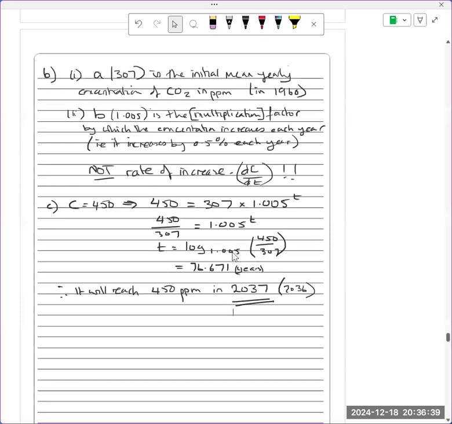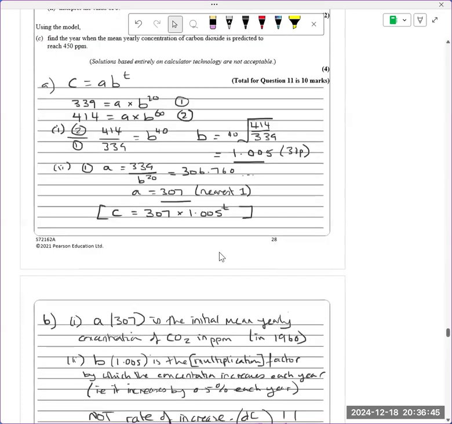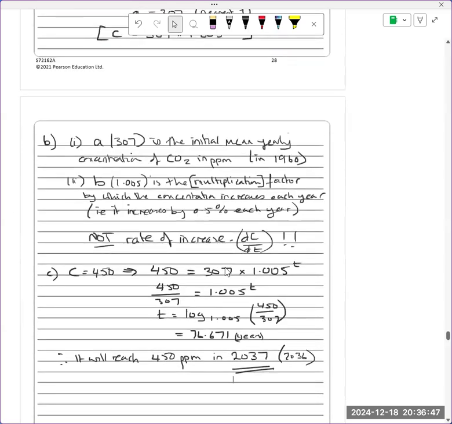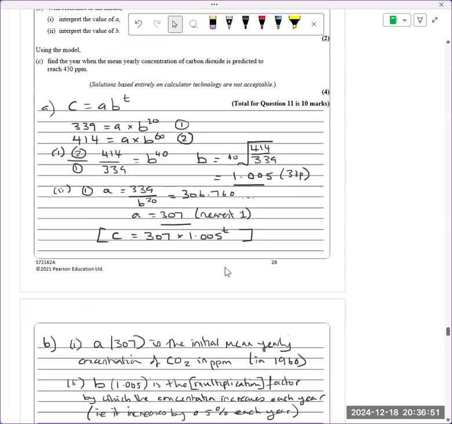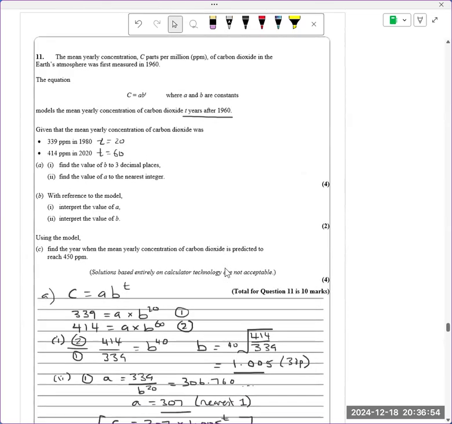So do be careful to use the accuracy that they've specified. So I think that's all I have to say about that question. They did allow 2036, but just be careful about accuracy there. Okay, so that was question 11.